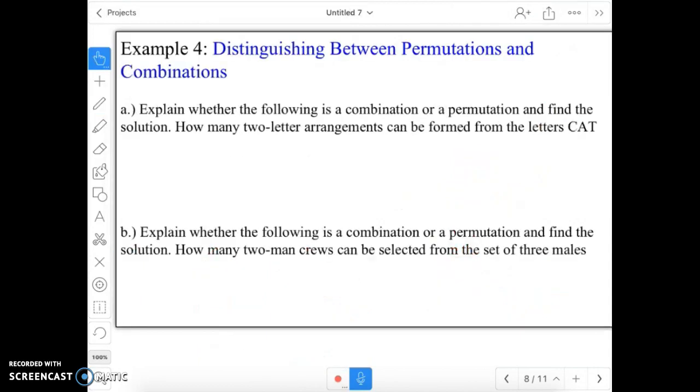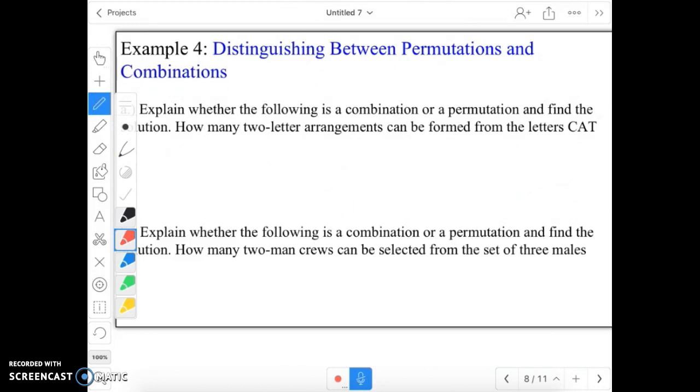Okay, so then for example 4, we're trying to distinguish between permutations and combinations. So letter A, explain whether the following is a combination or a permutation, and find the solution. How many 2-letter arrangements can be formed by the letters cat?